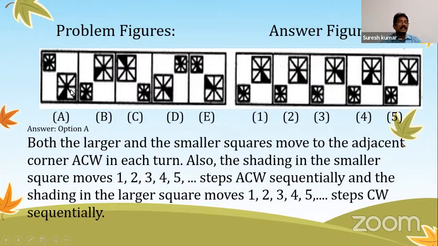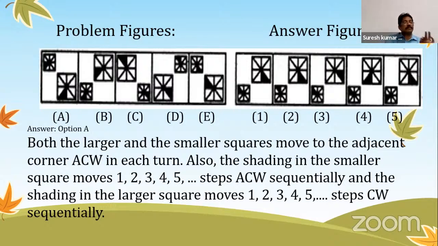Now here, see the shaded part of the bigger square: it is here and moves here. Next, this is the first, second, third, fourth, and fifth. Correct? So which one? Option A is very clearly correct.